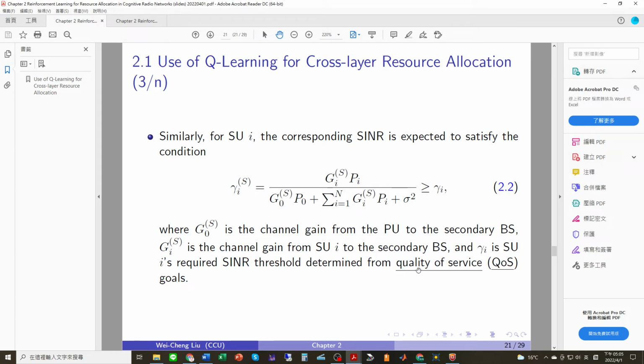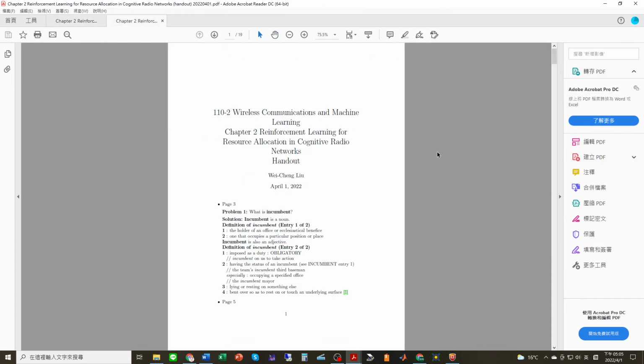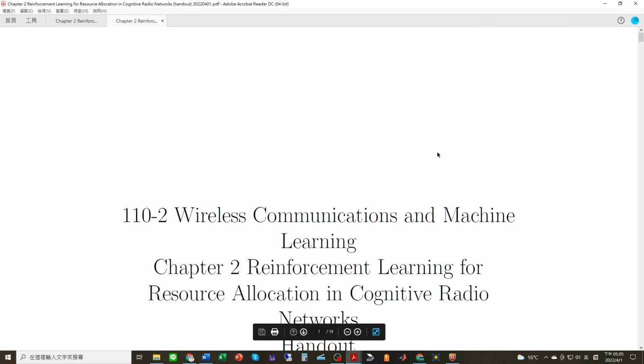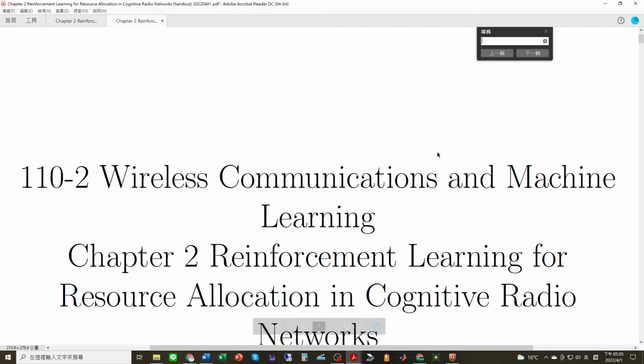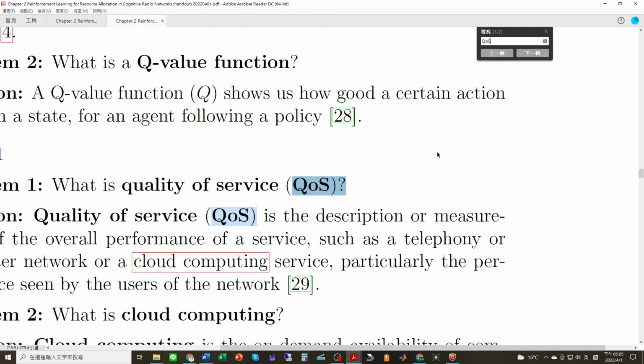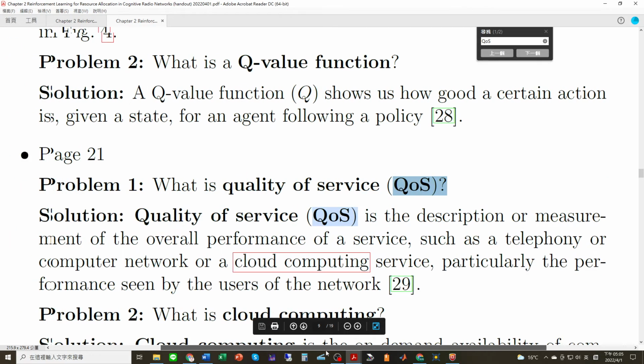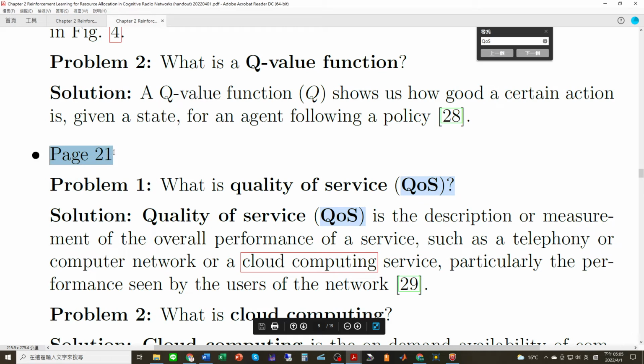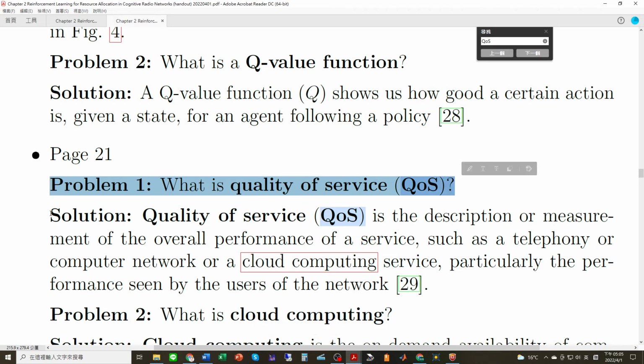What is the quality of service QoS? Let us see the handout and search for QoS. Page 21, problem 1. What is quality of service QoS?